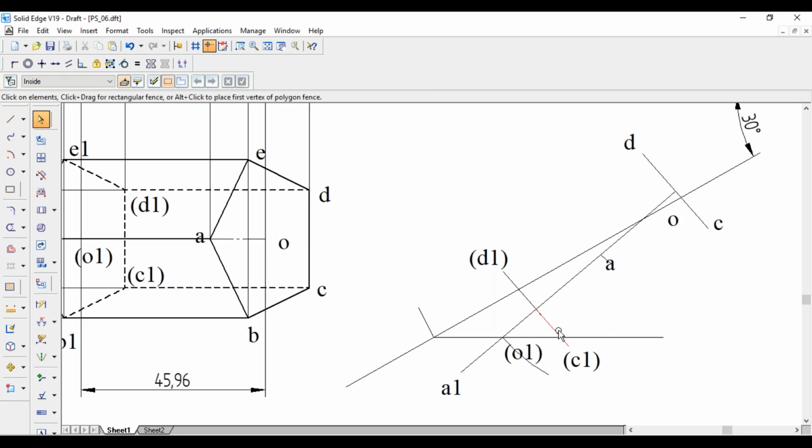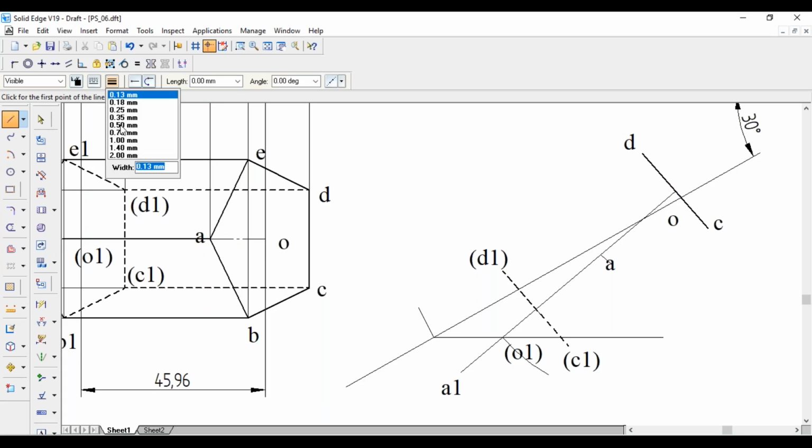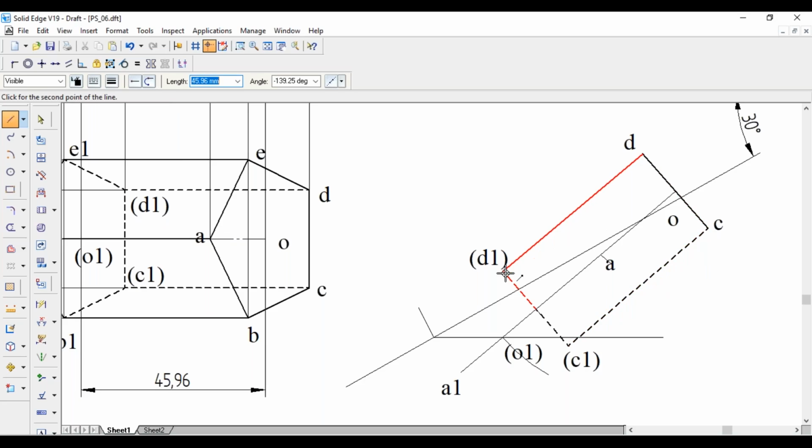C1D1 is dotted, so make it a dotted thick line, whereas CD is a continuous dark line. Join those two with the dotted line: C1 to C, and D to D1. So we got three corners.